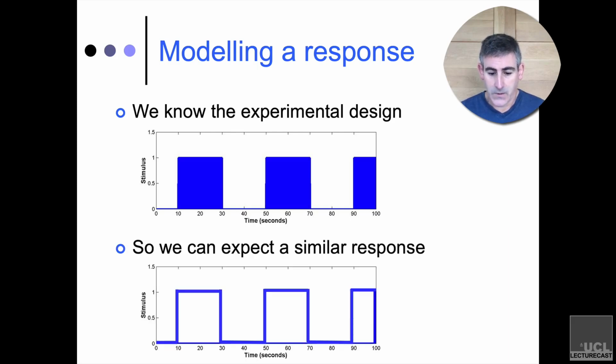But what we know is that if that's what we're doing, we would expect a response that's based on that on-off pattern, right? So we would expect a response that starts out low, goes high, stays there for about 20 seconds, goes low, stays there for about 20 seconds, then comes back up, etc., right? That's the block design that we're looking at.